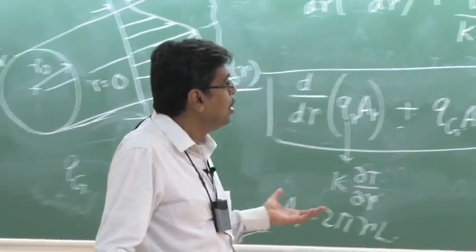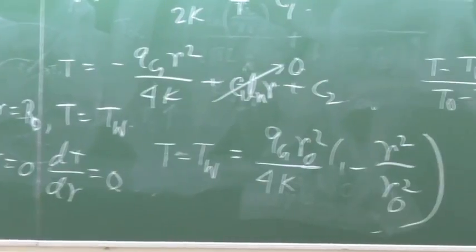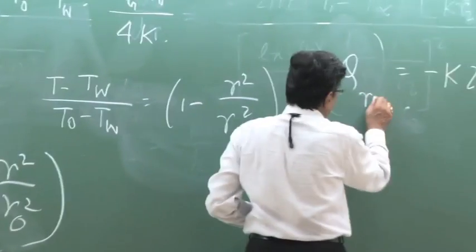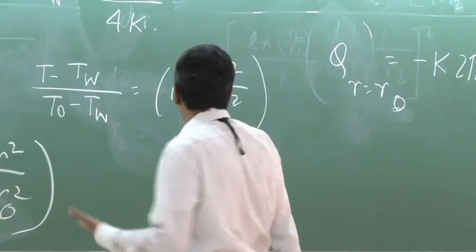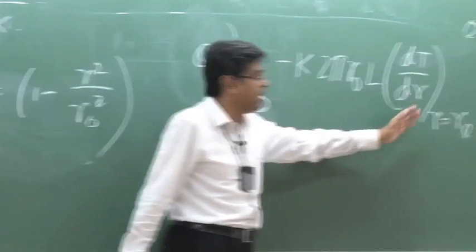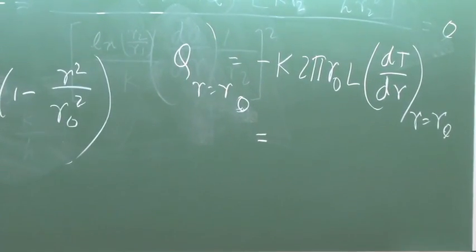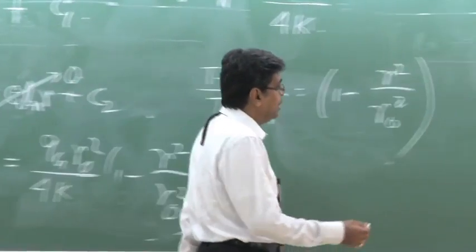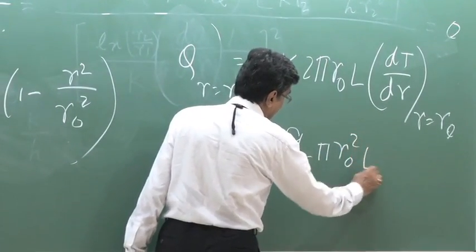So therefore, if you ask me the general expression of, oh God, I am doing so much mistake today, Q at R is equal to R0. So Q at R is equal to R you can find out as an expression. Then you can put R is equal to R0, or you can write straight the area into dT/dR at R is equal to R0. Now here, if you find out the temperature gradient at R is equal to R0 from this expression, you can find this as Qg into pi R0 square L.